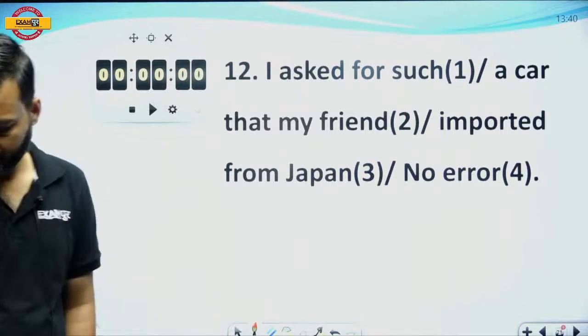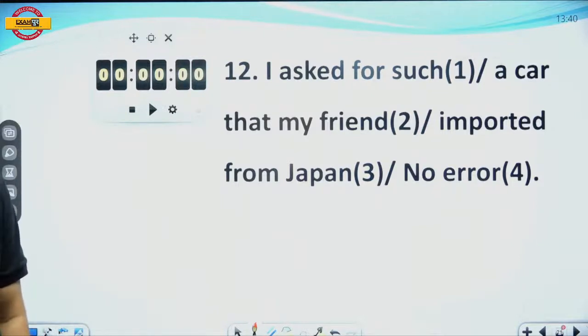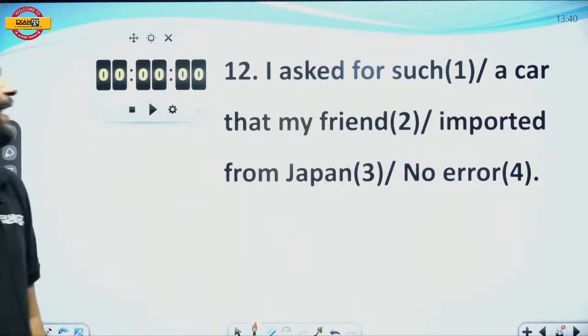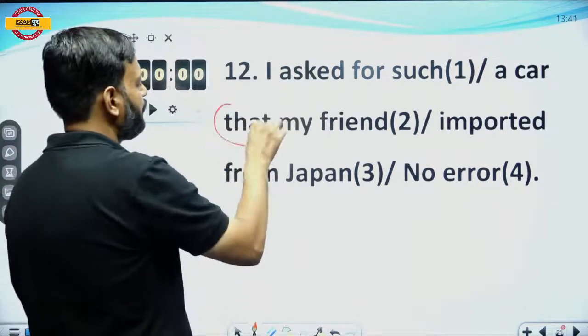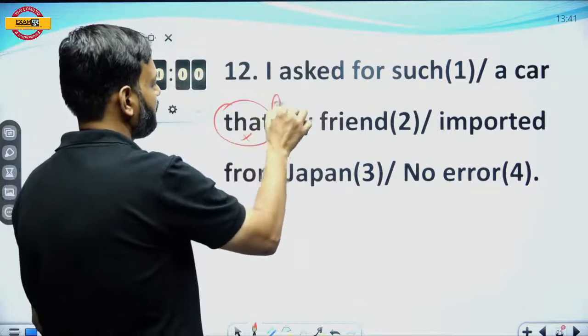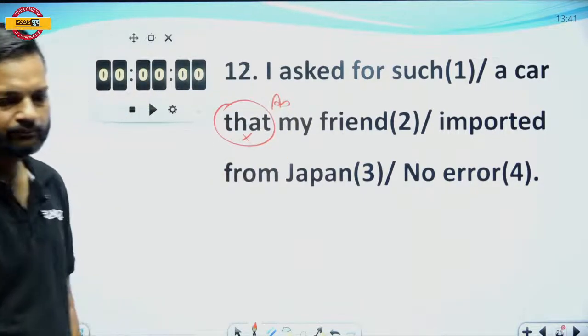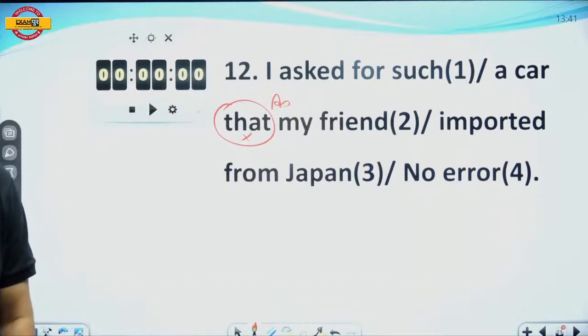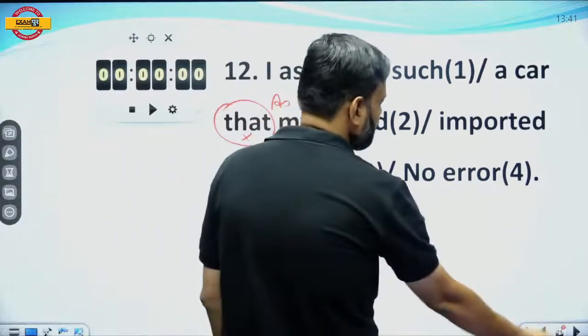Time up, and no one has given me the answer. I asked for such a car as my friend imported. In place of 'that' we have to write 'as'.